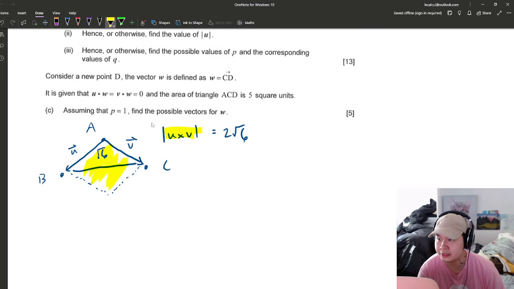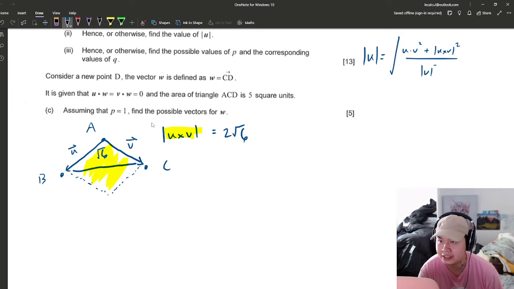So the length of u is the square root of, what was it, u dot v squared plus the length of u cross v squared, divided by the length of v squared.